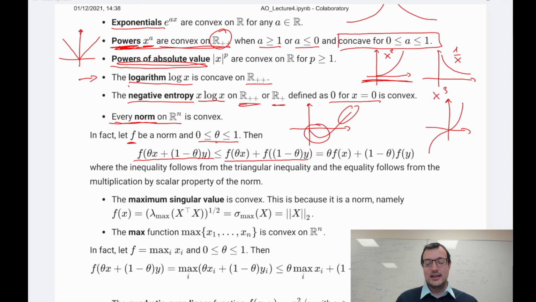Then we apply the result that the norm of alpha x equals alpha times the norm of x, as long as alpha is a positive number. So we can bring outside theta, and we can bring outside 1 minus theta, and then we have our Jensen inequality. So every norm, no matter what norm it is, as long as it has the triangular inequality and the property that the scalar multiplication can be brought outside, which is in the definition of norms, is going to be convex.